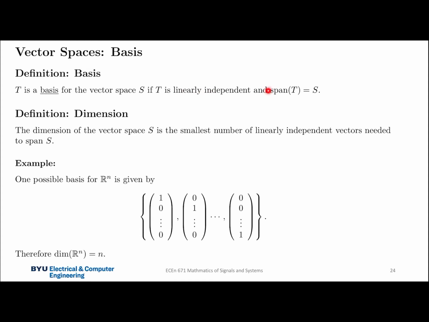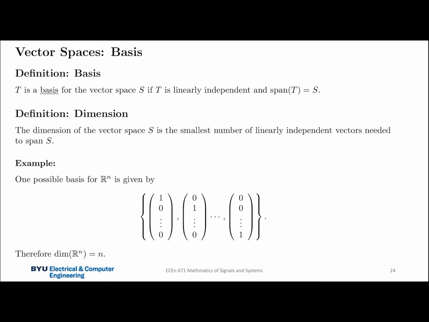And then if you take all linear combinations of T, you have to get S. And there really is only one way to do it.